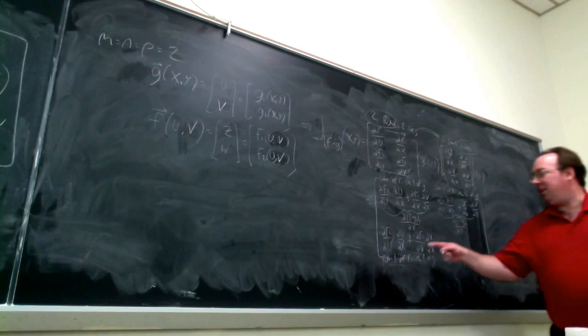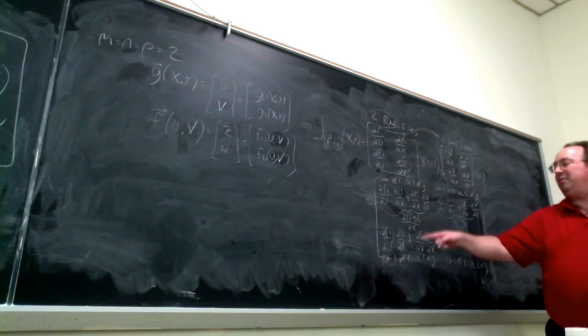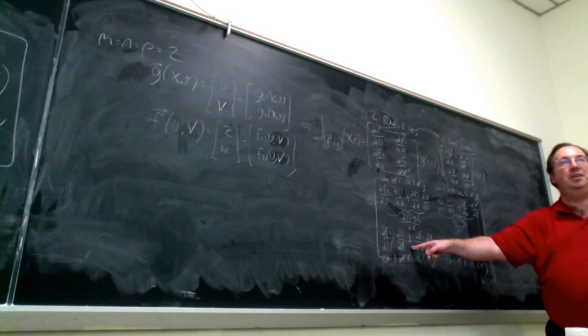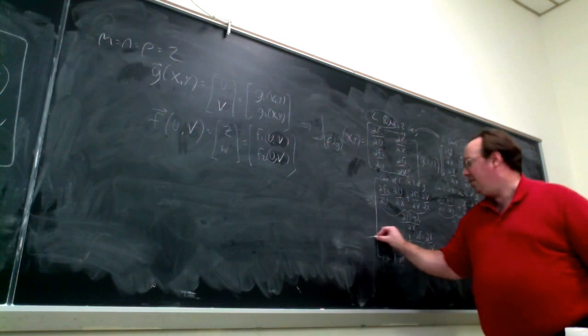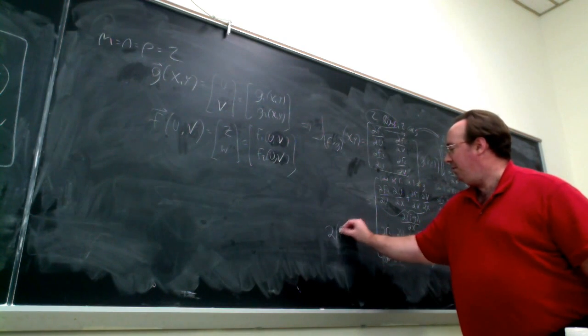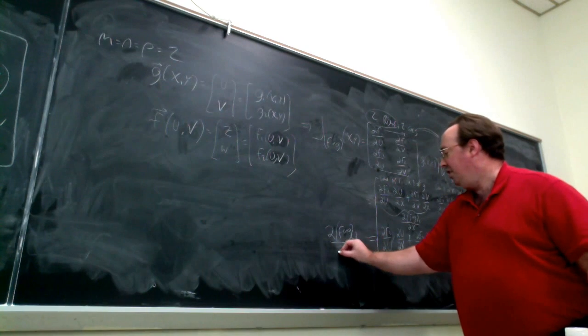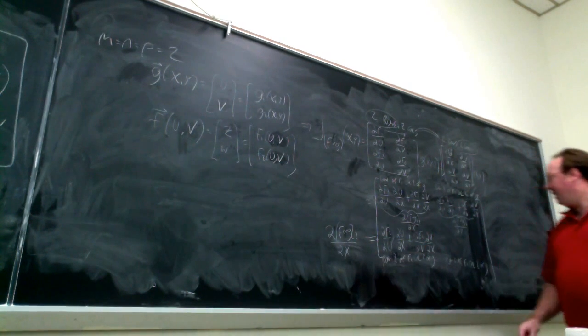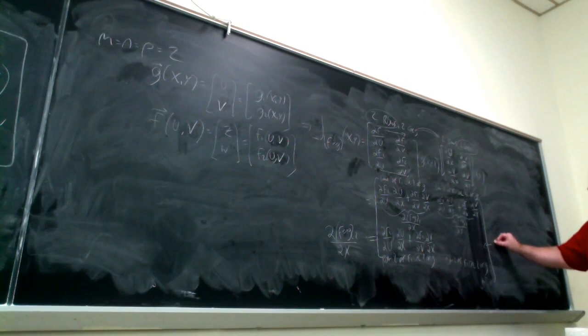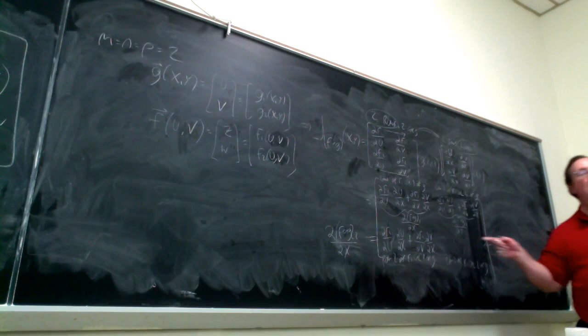Okay, and actually this is exactly the same as this, except here we're dealing with F1 and here we have F2. So this is partial of the second component of f of g with respect to x. And what's going to go in here is a partial of the second component with respect to y.